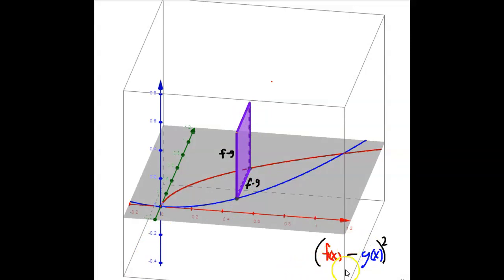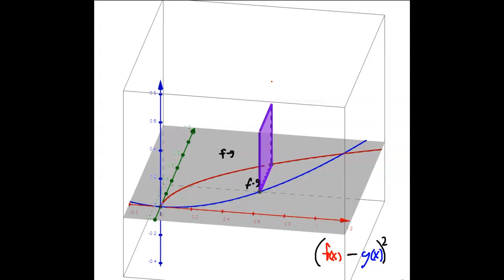So now I've got a new function. This new function isn't just a function that tells me the distance between the two curves now. Now this new function, if I square it, is a function that tells me the area of a square on the three-dimensional picture that we see here. So sometimes it could be a really small square, sometimes it could be a really big square, but it could be a lot of places.